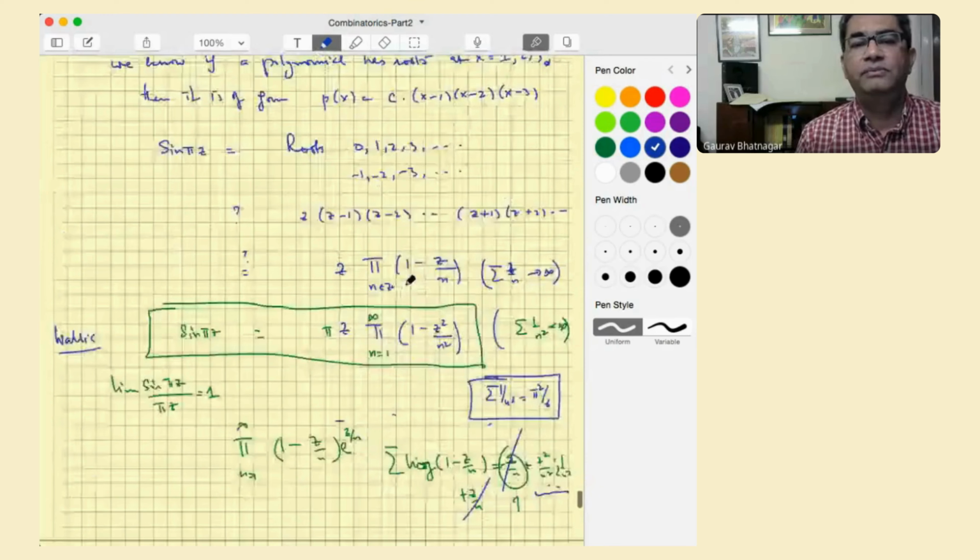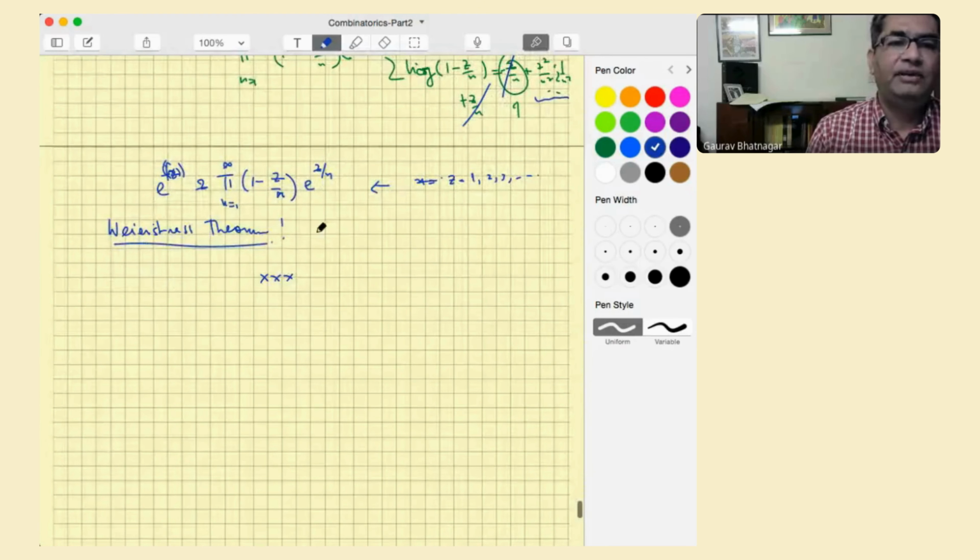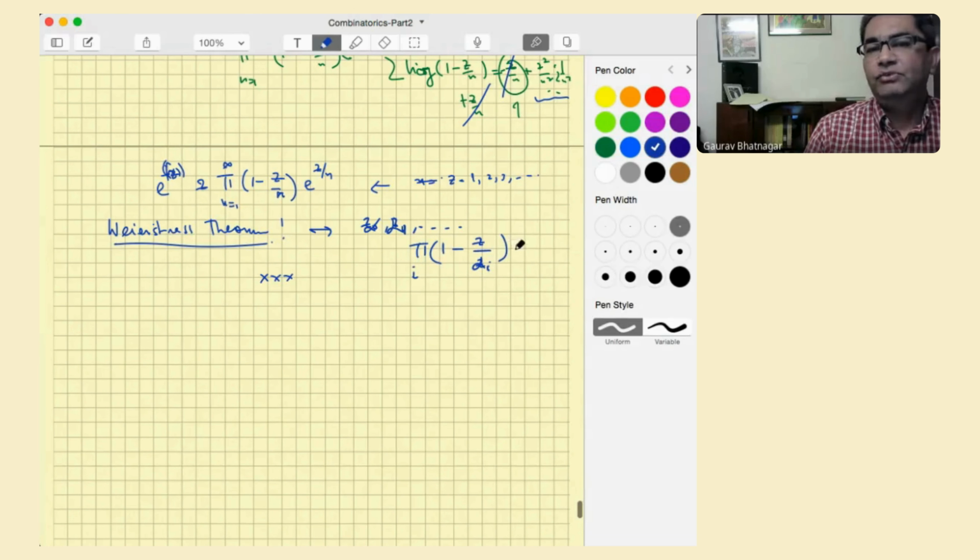So Weierstrass theorem is that if you have certain zeros, say z1, whatever, you consider this product over i, and just to make it converge, you do whatever is required to cancel some of the terms from the log.